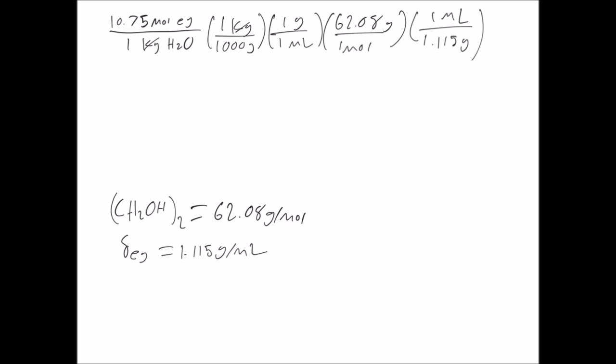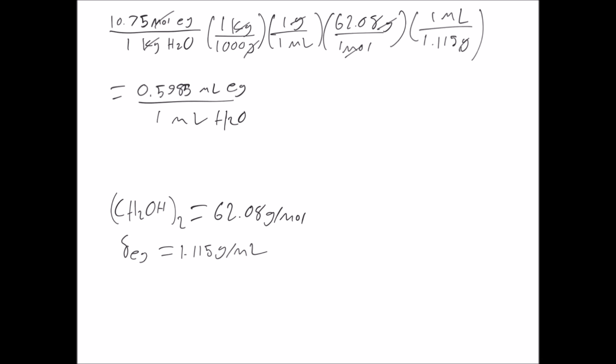So we get rid of kilograms there, grams go away there, left with milliliters on the bottom. And then we cancel out our moles there, and we cancel out our grams here, and we're left with milliliters of ethylene glycol on top. The units all check out, so calculating this out, we get an answer of 0.5985 milliliters of ethylene glycol over 1 milliliter of H2O.